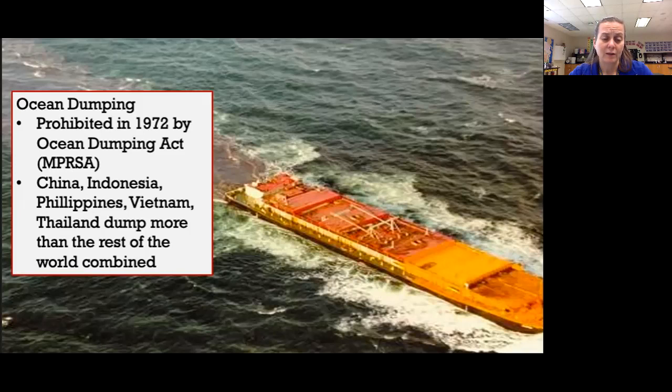In addition to that, the US has in the past dumped radioactive waste into ocean sites, both in the Pacific and the Atlantic Ocean. So all of this solid waste needs to be dealt with properly and safely and on land so that it does not become an aquatic problem.